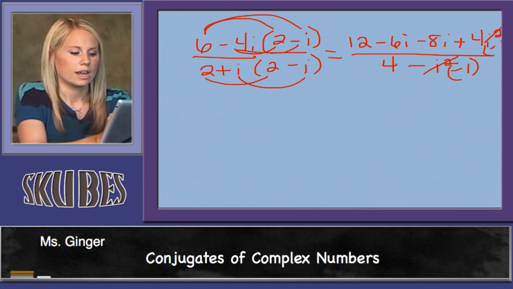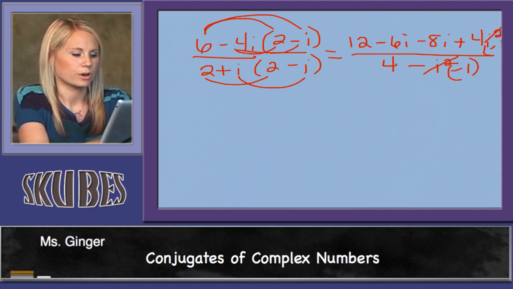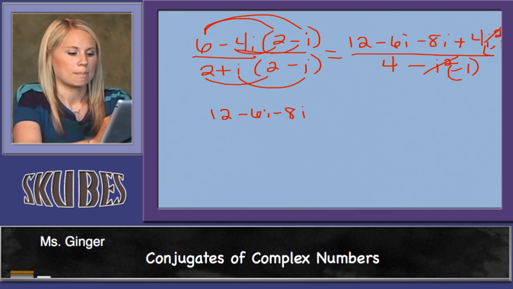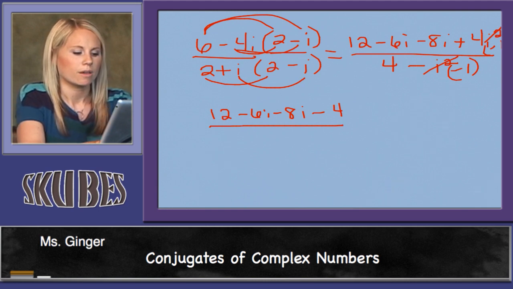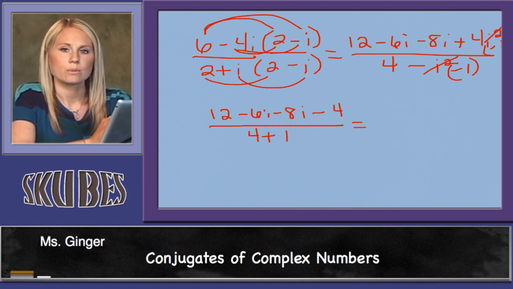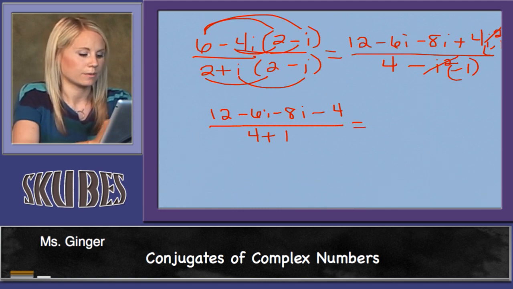Get those in there. And now let's rewrite our numerator and denominator. So we now have 12 minus 6i minus 8i minus 4. That becomes minus 4. On the denominator, we've got 4 plus 1. Alright, we're scanning over for like terms now.